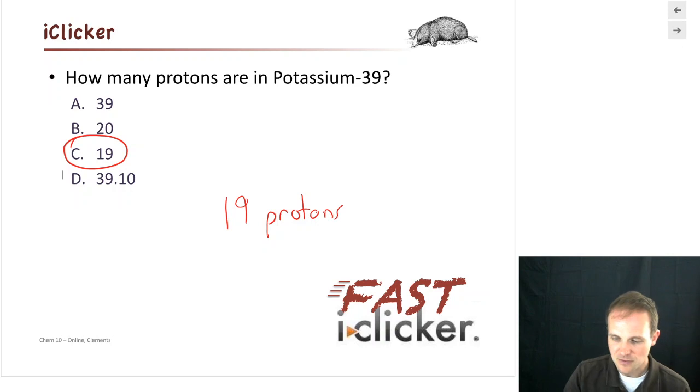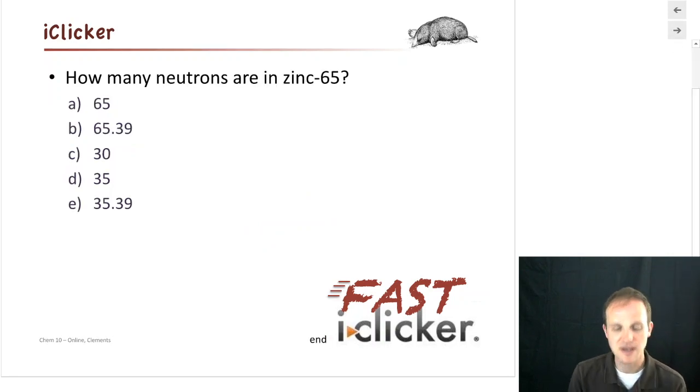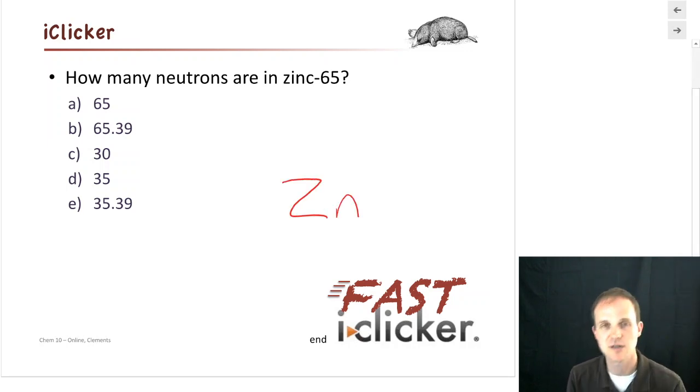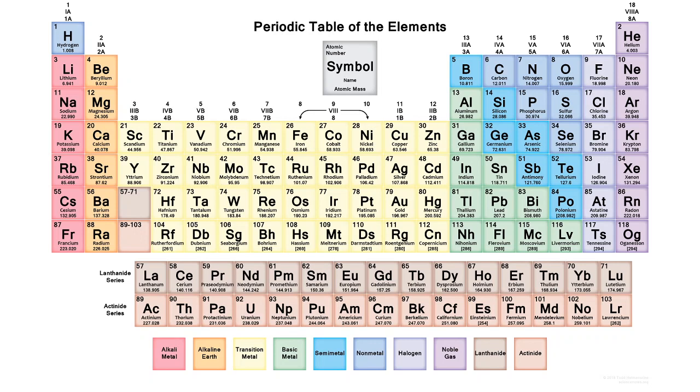All right, what do we do next? We do how many neutrons are in zinc 65. Go over, find your handy dandy periodic table, and see if you can come up with the answer to that. Alrighty, zinc, if you look on your periodic table, is Zn. Did you find Zn on the periodic table? Let's go looking. Okay, we see Zn over there.